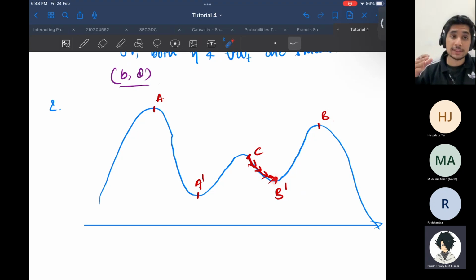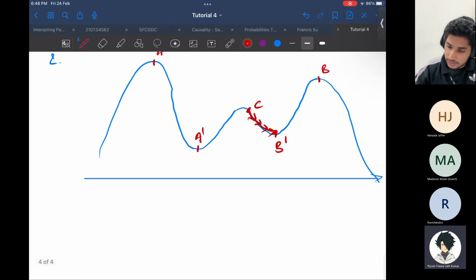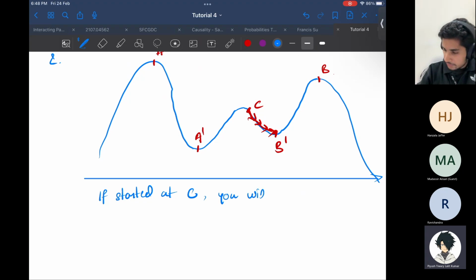This is the point at which you will converge. Let me write that down: if started at C, you will converge at B dash. I hope this is clear.